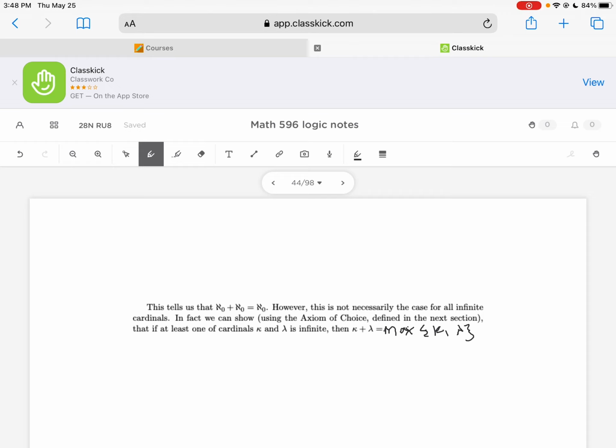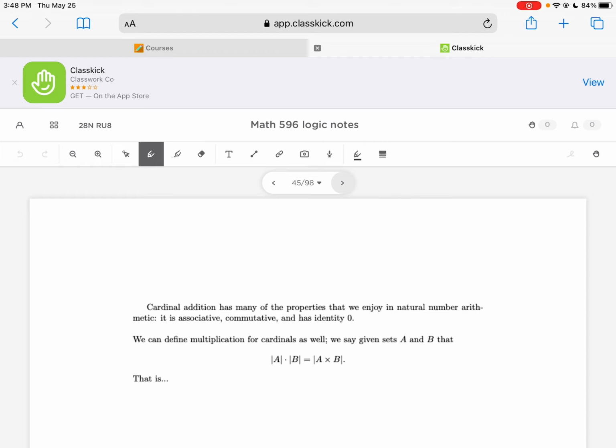All right, now cardinal addition does have some nice properties that we also enjoy in natural number arithmetic. It's associative, so kappa plus lambda and then adding gamma to that is the same as kappa plus parentheses lambda plus gamma.